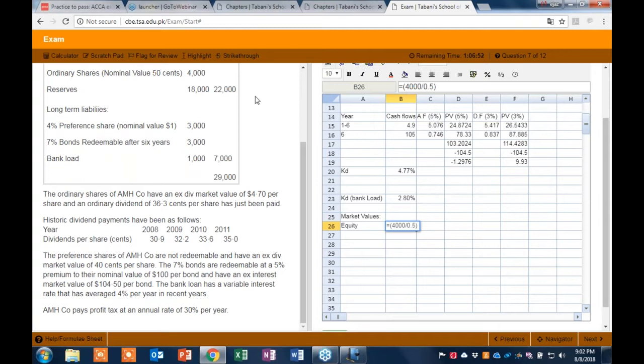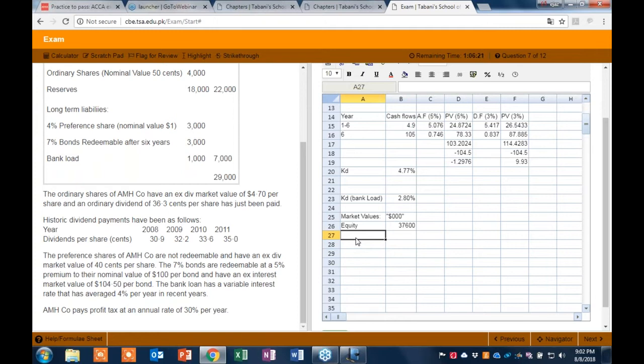Each share has a market value of $4.7. So 4 million divided by 0.5 to get the total number of shares, multiplied by 4.7 to get the total market value. These values are in thousands, so let's write it like this: 37,600, it's equity.